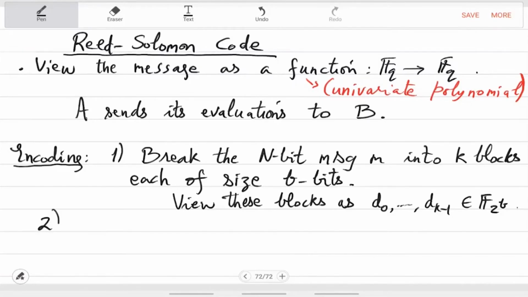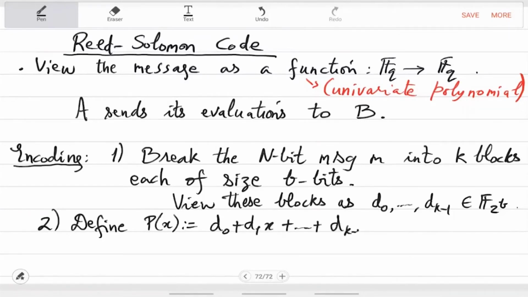Based on that, you can define your polynomial. So your function is this. So it's a univariate polynomial over GF 2 raised to b.